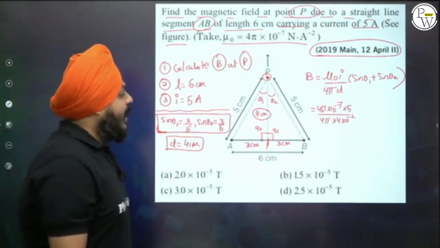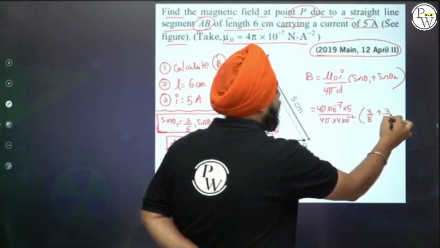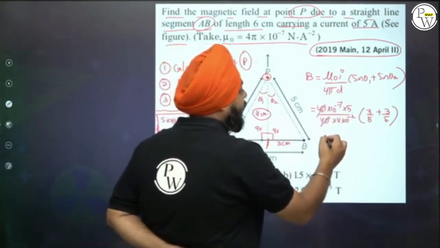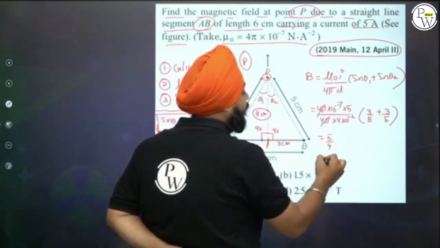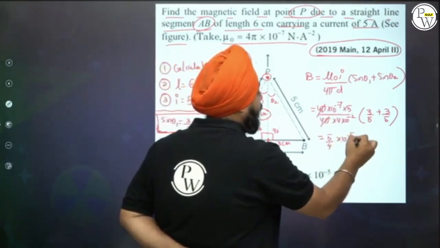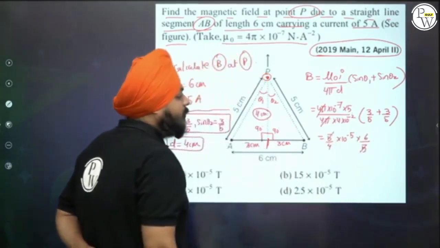Sin theta 1 value is 3 by 5. Sin theta 2 value is 3 by 5. So 4 pi is going to get cancelled. So it is 5 by 4 into 10 to the power minus 5 into 6 by 5. This 5 again gets cancelled.